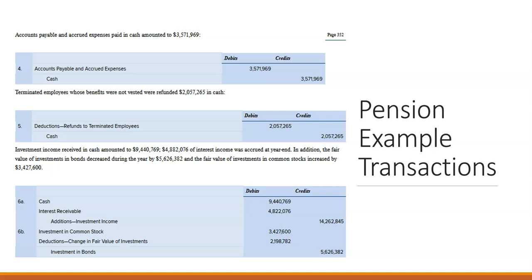Every entity sets a number of years requirement, called vesting. If they have worked there long enough to be considered vested, then they would also get their employer contributions. Otherwise, they just get their own contributions refunded to them.